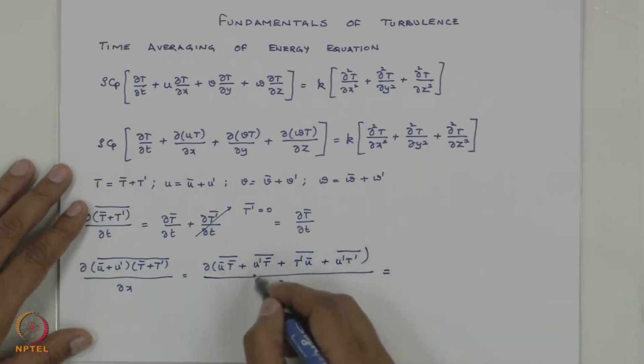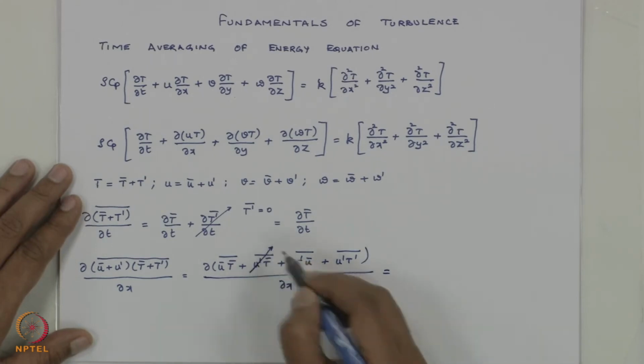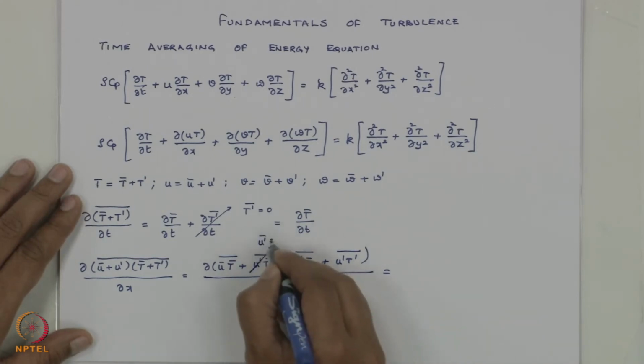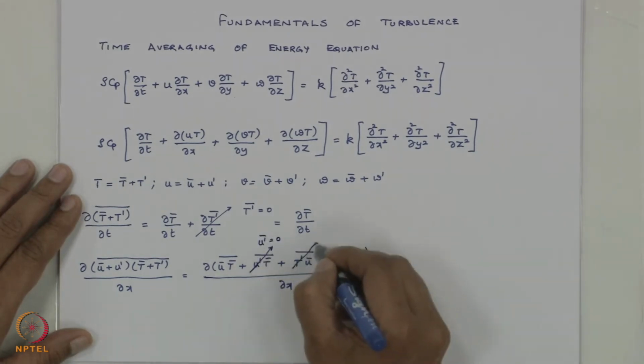As I have shown yesterday, this term will be 0 because u prime bar is 0. This term will be 0 because t prime bar is 0.